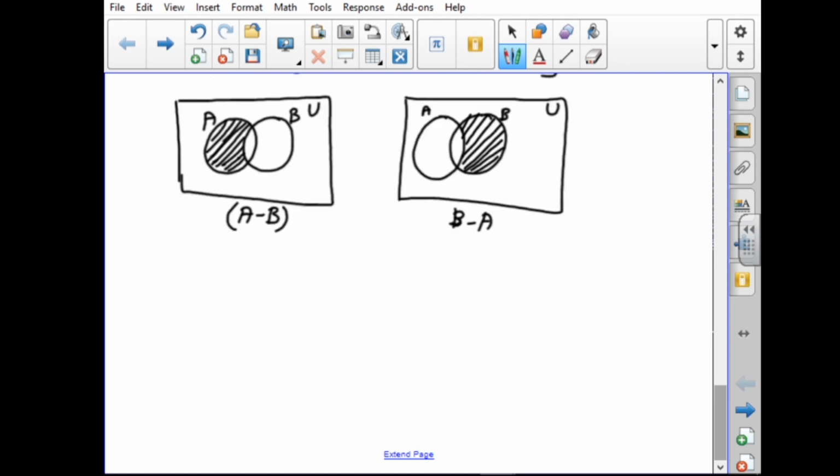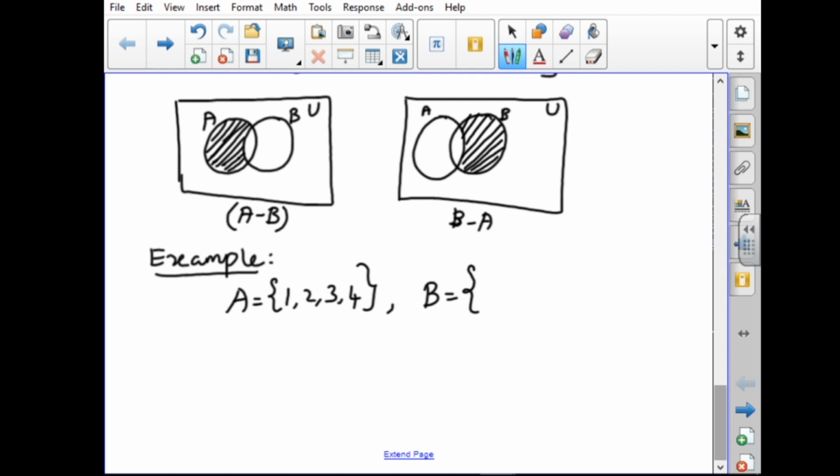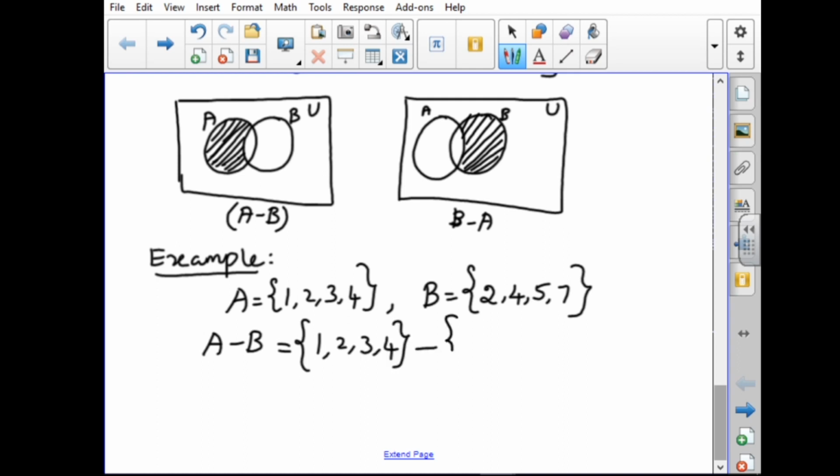In numbers, the same numbers: A is equal to 1, 2, 3, 4, then B is equal to 2, 4, 5, 7. So A difference B is equal to, first you have to take the A set, 1, 2, 3, 4, then difference 2, 4, 5, 7.